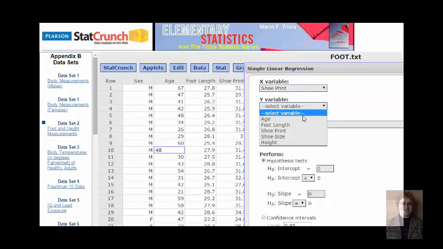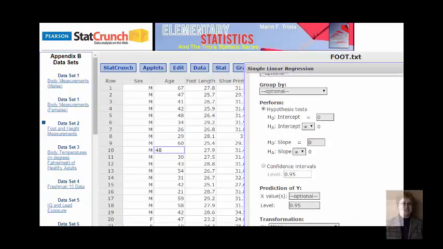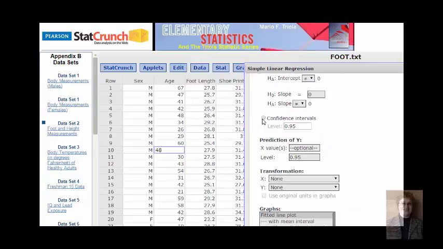My y variable is going to be height. I'm not going to do a hypothesis test, but I am going to go ahead and do a confidence level 95%. And here's where you put in your prediction. And we wanted to know if our shoe print length was 29 centimeters, what's going to be the rest of our value. Let's compute.